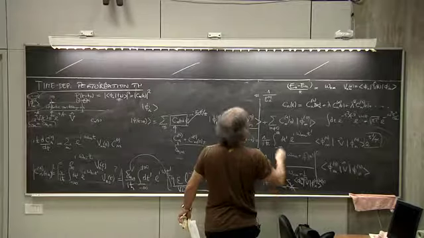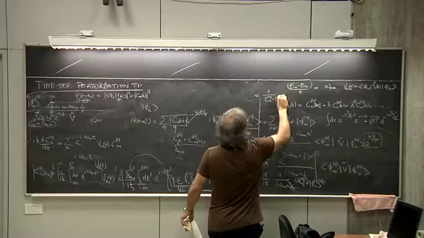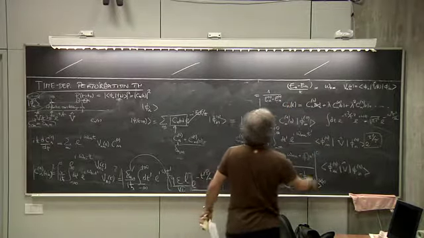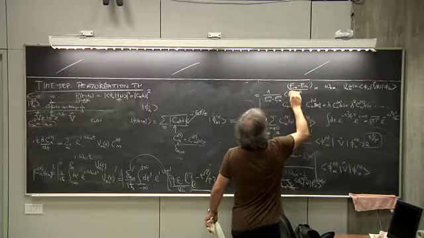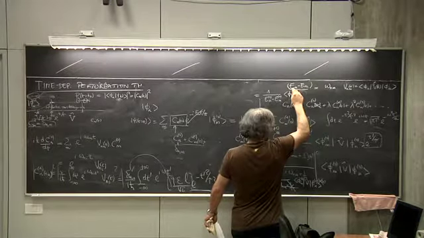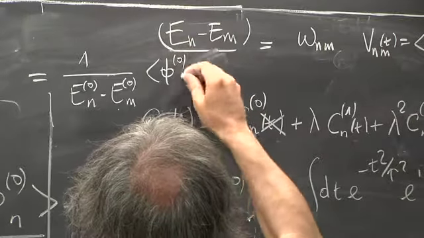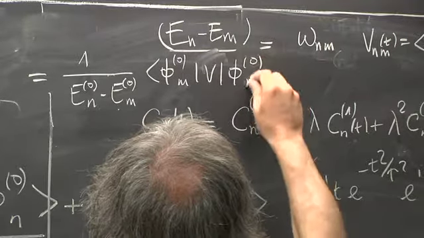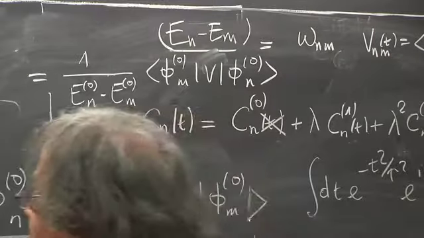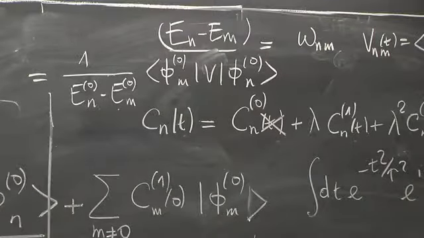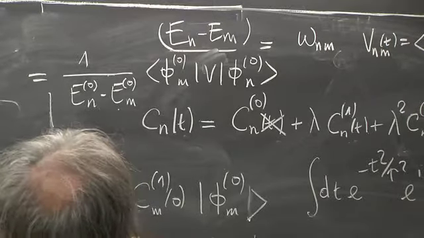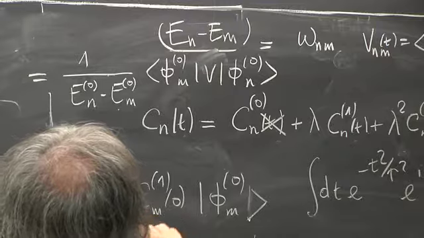N minus Em times the matrix element V, phi 0M V phi 0N. Okay? So this is obviously summed over all M different from N, from the initial one.